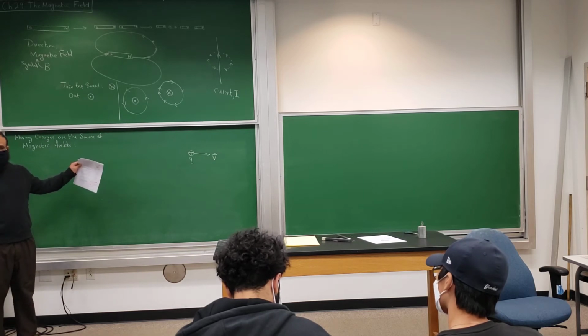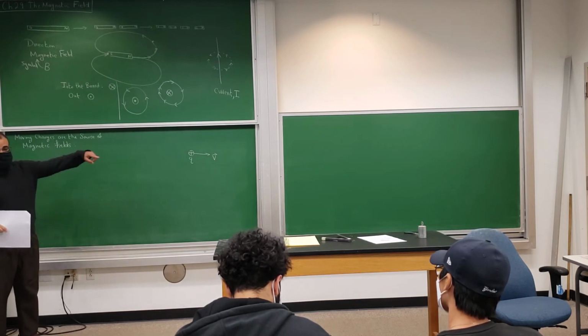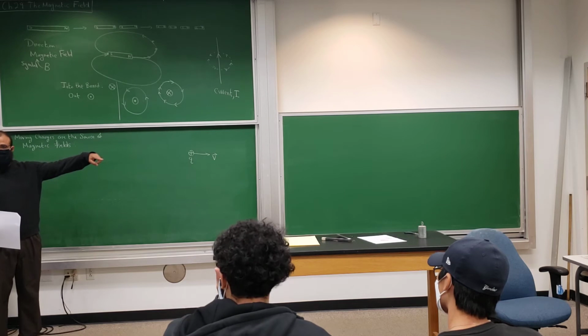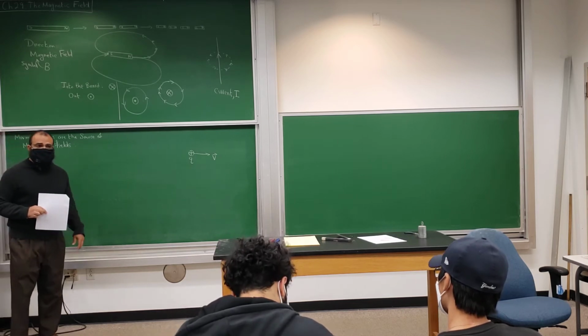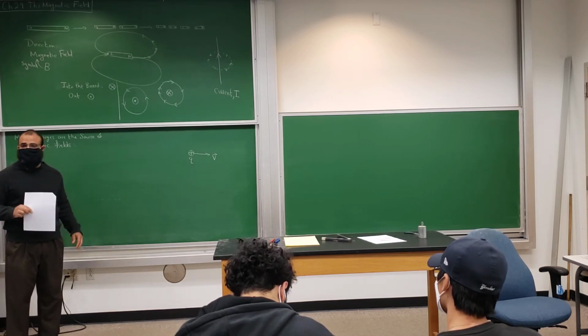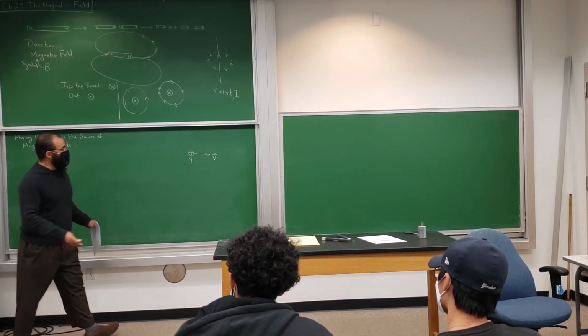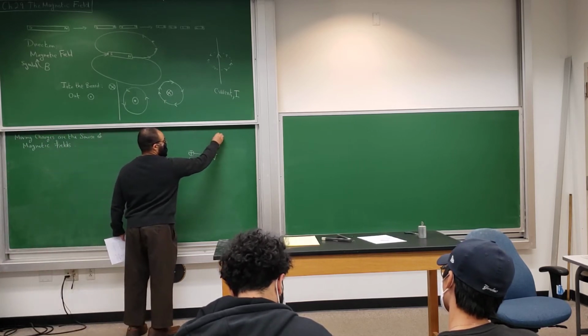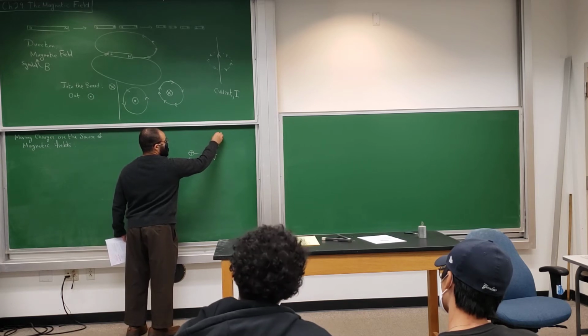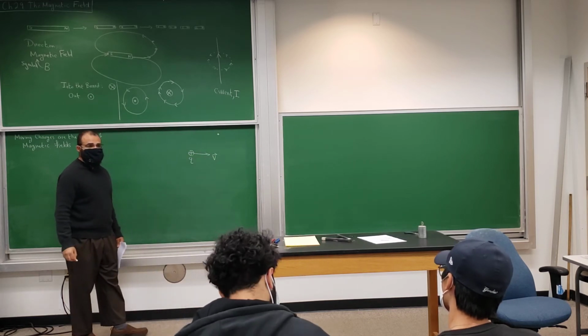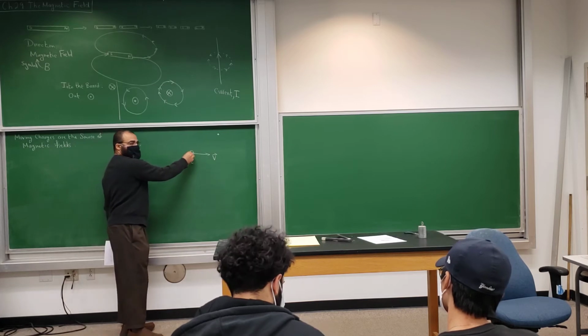This is a positive charge moving to the right. It generates a magnetic field in space. Suppose I want to know what the magnetic field is at this point here. This is the location of the charge.